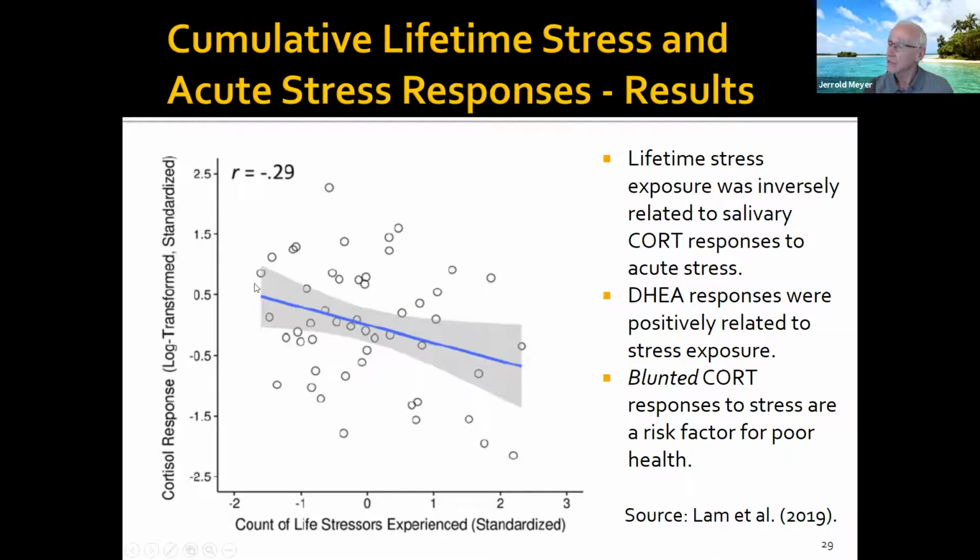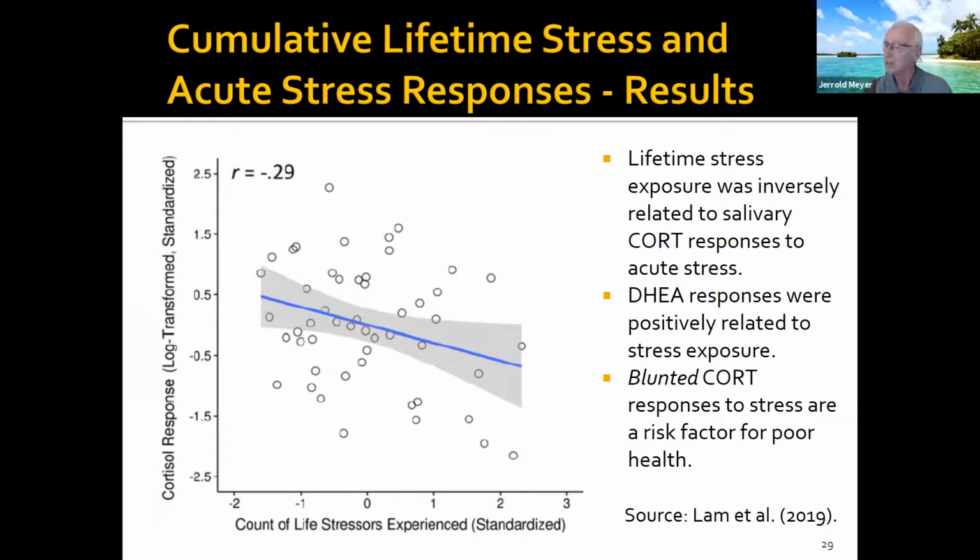So each one of these is an individual subject. Here's the best fit line, confidence interval. This is the cortisol data, log transformed. Life stressors, this is standardized, so it's not literally the score. And what we see looks something like that previous one, even though the other was different.